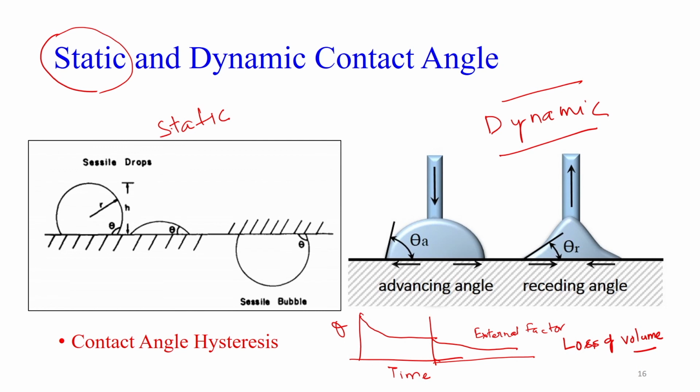If you remember the last lecture, in this case we put the drop, it has a contact angle, that is theta a, we call it the advancing contact angle, but if you pull it out, we get a lesser contact angle. Typically, the value of the advancing contact angle is always greater than the receding contact angle. This is the advancing and this is the receding, and this phenomenon is known as contact angle hysteresis.